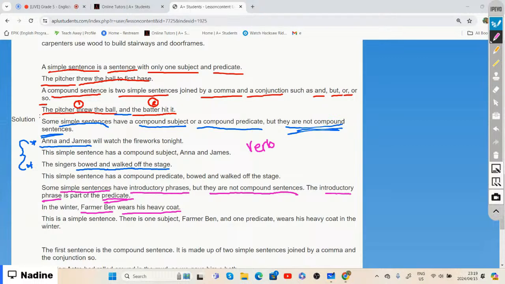So it's the part of the sentence that contains a verb, and it's telling us about the subject, the noun. It's like the whole phrase.